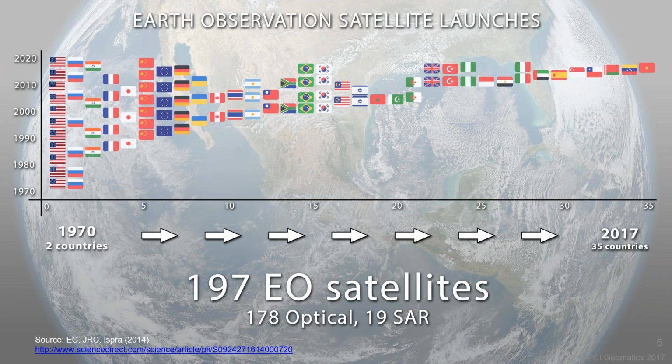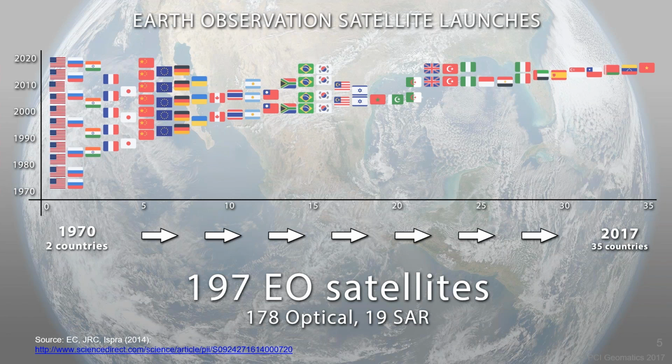You can get a sense of the US being the first country, then Russia, India, France, Japan, and so on, as you work your way towards the right. And then what you see is that the sheer number of countries that are participating in Earth observation remote sensing is increasing. In 2017, according to this report, we're up to 35 countries participating, and a total of 178 optical and 19 SAR satellites launched over the course of the last few decades.